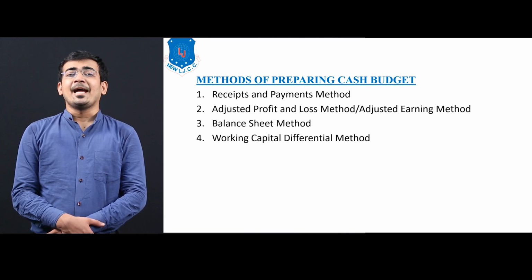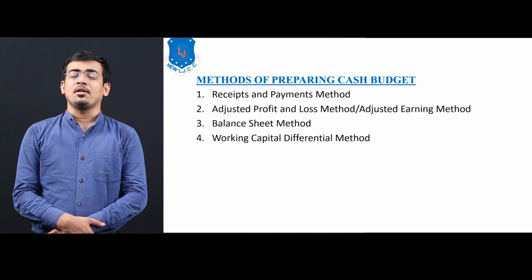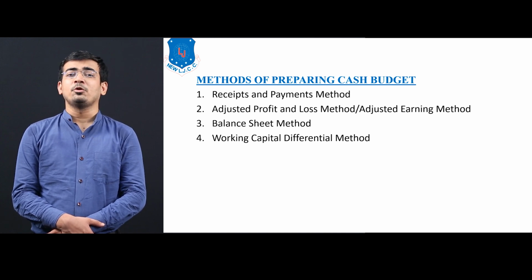Number 2, the adjusted profit and loss method, whose other name is the adjusted earning method. Technically, we can say that it's a cash flow method. In this method, we find adjusted profit. We adjust for increase in current liabilities and current assets, or decrease in current liabilities and current assets. Accordingly, we find the cash balance.